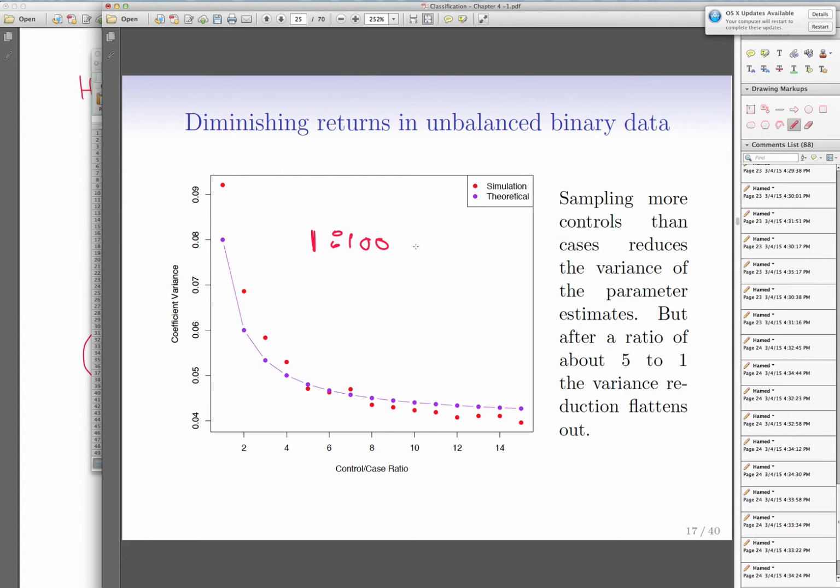You can show that even in this case, if you run your sample with a case ratio of 5 to 1, you're good. If you get it to 10 to 1, you almost do not improve anything more by having more balanced data. So if you stick to a 10 to 1 or 5 to 1 ratio of control to case, you're good. But make sure you do the adjustments after running a regression.